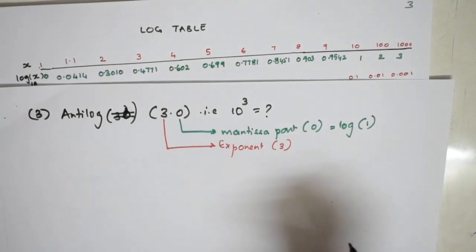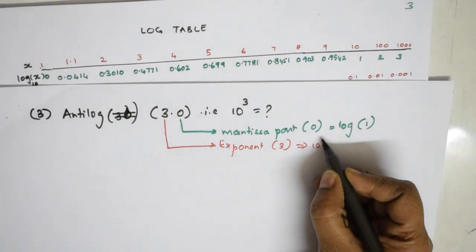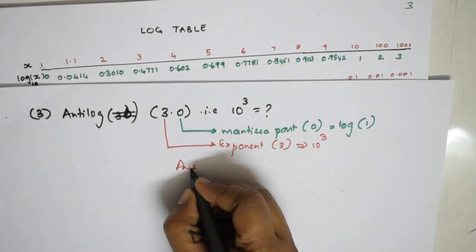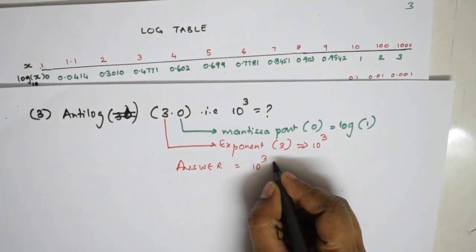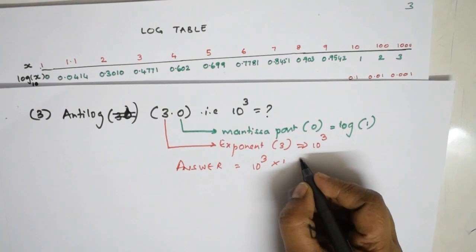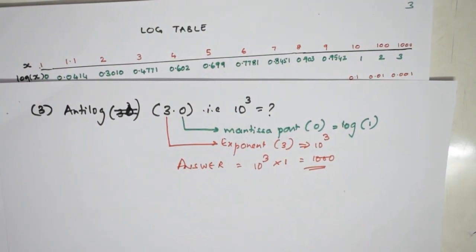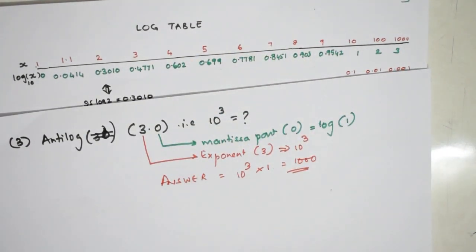The value of 3 implies 10 raised to the power of 3. Now what is the answer? Answer is equal to 10 raised to the power of 3 into value 1. It is nothing but 1000. So the approximate value is 1000. It's clear, students? I have used this table, which you also know how to do.